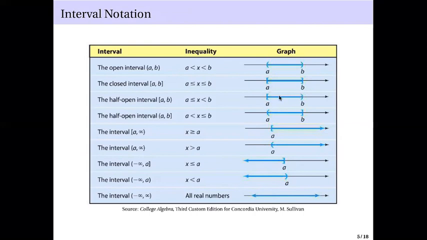So try to understand the graph of the inequalities. Sometimes it's helpful in solving certain problems. Now, you see x greater than or equal to A, which is the interval square bracket A, comma, infinity, open parenthesis. We have the square bracket at A, and then the blue ray pointing towards the right.